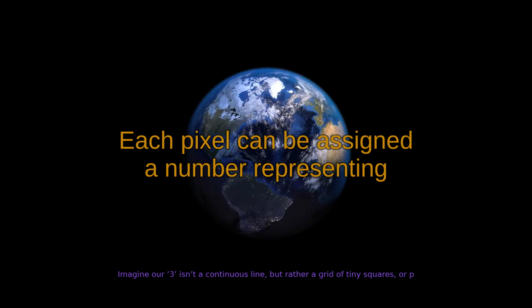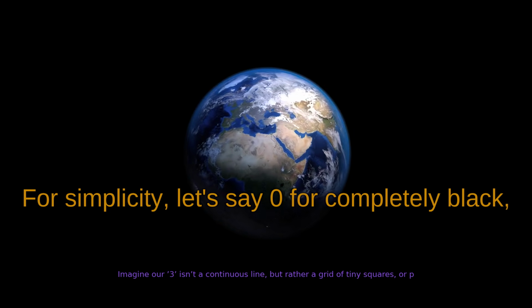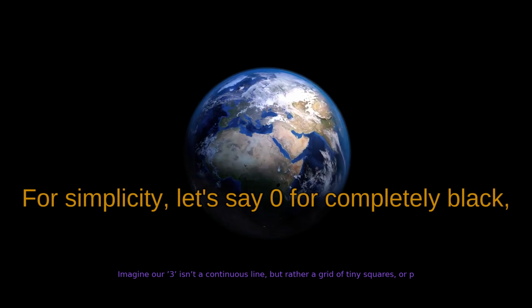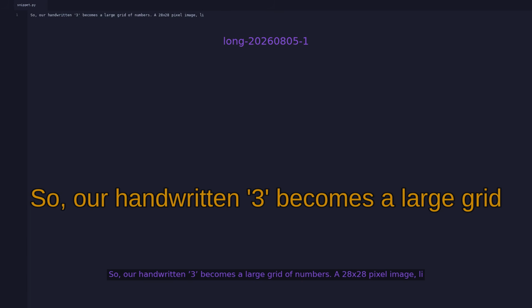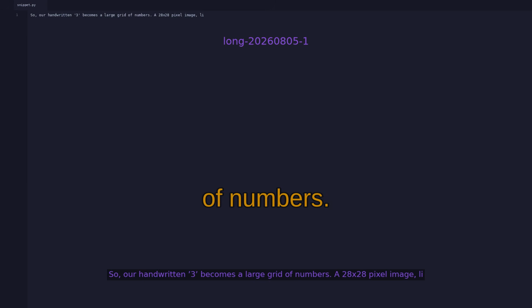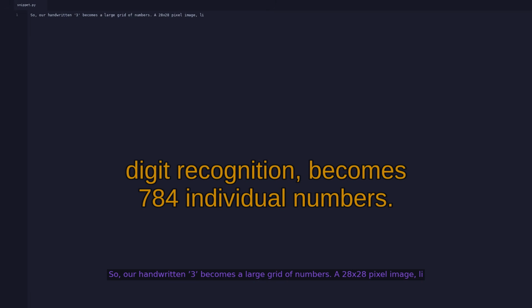Each pixel can be assigned a number representing its brightness. For simplicity, let's say 0 for completely black, and 1 for completely white. So, our handwritten 3 becomes a large grid of numbers. A 28 by 28 pixel image, like many used in digit recognition, becomes 784 individual numbers.